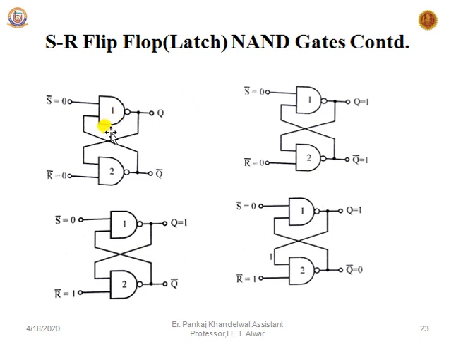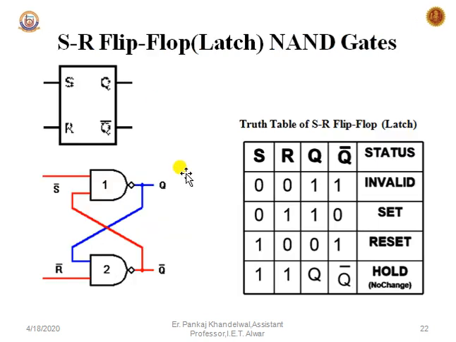In this case both outputs Q and Q bar are equal to 1, but this is an invalid state, because Q and Q bar are complements of each other and they can't be equal to each other. So this state is called an invalid state.